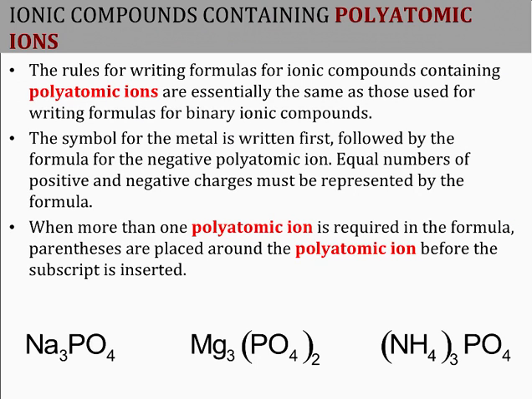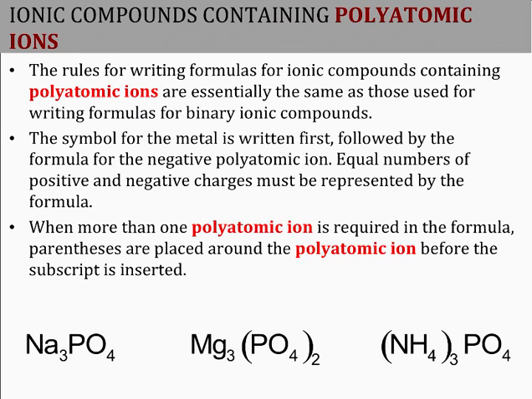Okay, so if we have a polyatomic ion, a group of elements with an overall charge, we often see compounds that are neutral that contain a polyatomic ion. The rules for writing formulas for ionic compounds containing polyatomic ions are essentially the same as those used for writing formulas for binary ionic compounds.